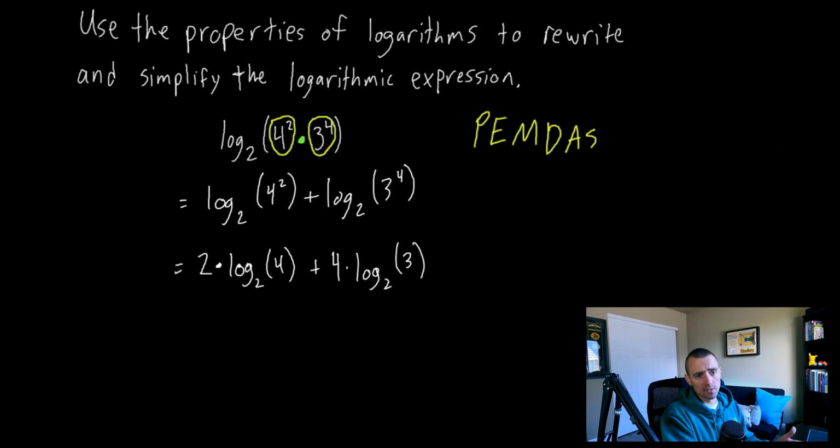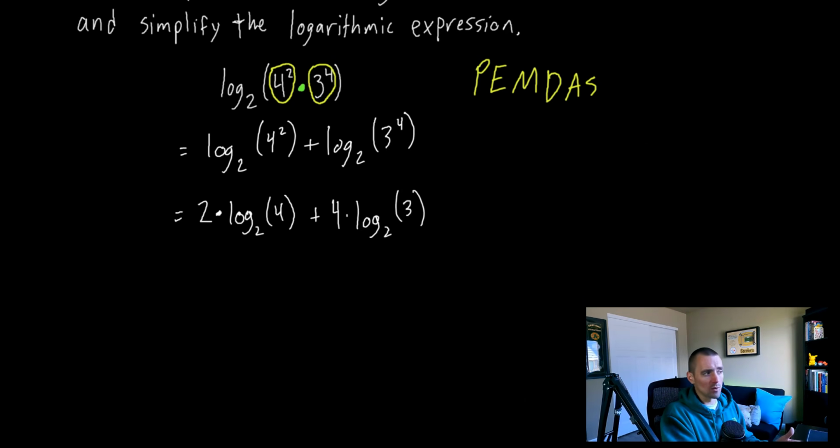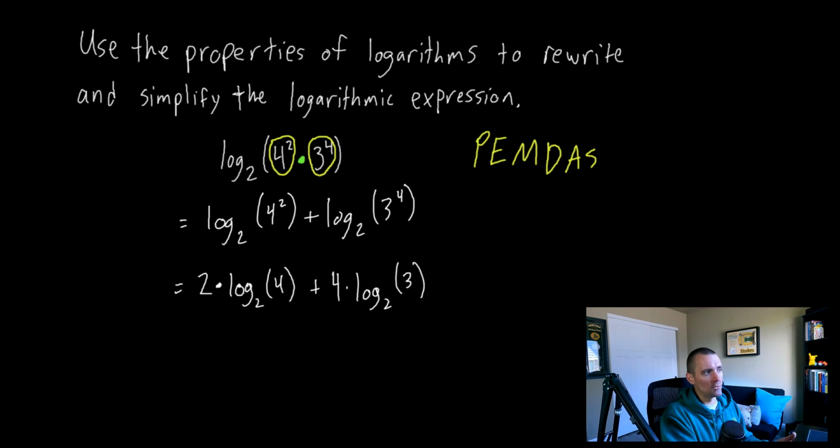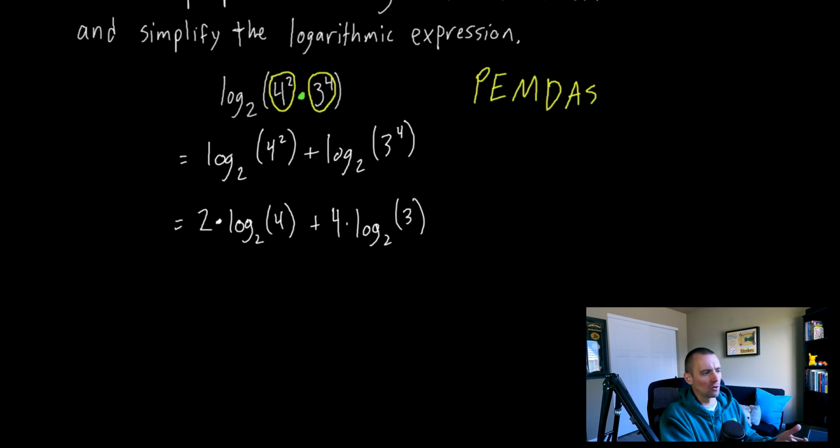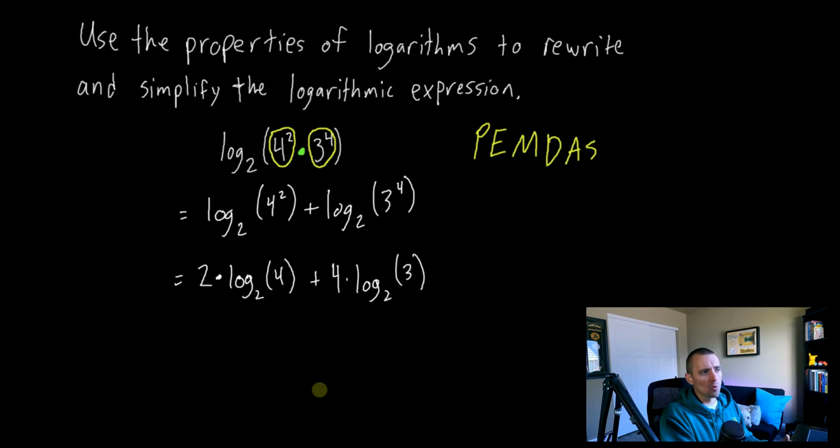Now, if you wanted to actually evaluate this log, in this case, they pretty much just told us to rewrite it and simplify. So really we've done the problem in this case. But if you wanted to actually evaluate this expression, we could then use the change of base formula, which I have made another video on. If you want to check that out, go click on that info card up there.